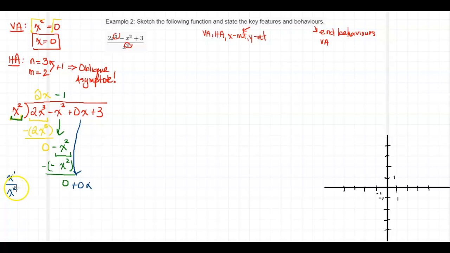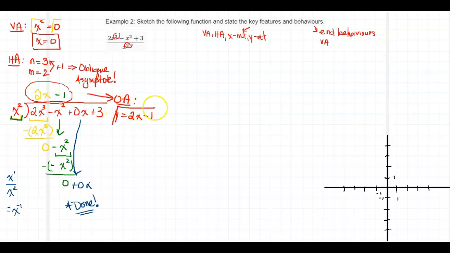Because that's 1 minus 2, right? So that would have left me with x to the negative 1. We can't have that. So we are actually done. And this right here is my oblique asymptote. My oblique asymptote is going to be y equals 2x minus 1. That is my oblique asymptote there.